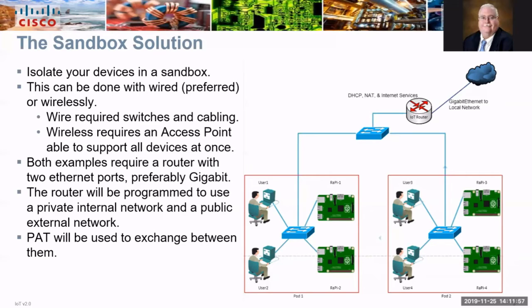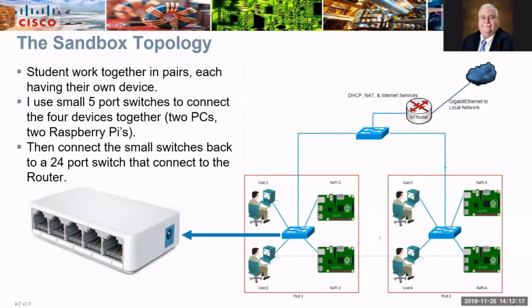The router will be programmed to use a private internal network and a public external network. PAT, or port address translation, will be used to exchange addresses between the ports. This way you can run your network as you see fit, while the world outside your classroom only sees a single connection. I use this topology for my sandbox.